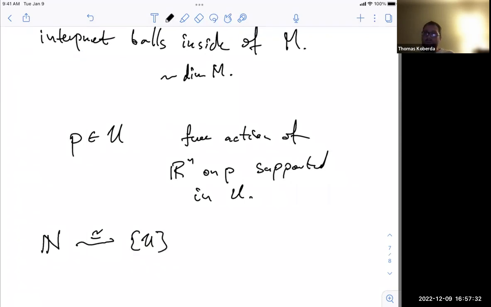And the components of U, so you have K in N is then sent to a particular component U sub K in pi 0 of U.